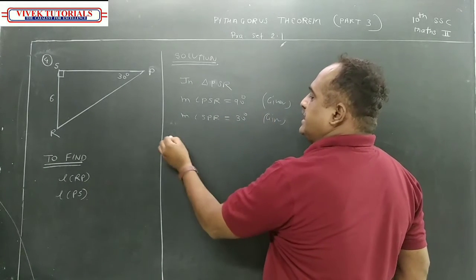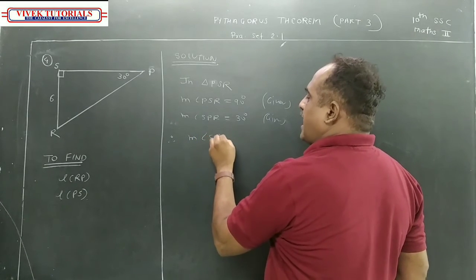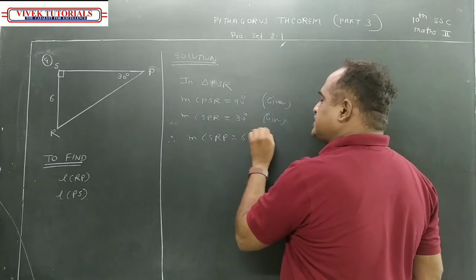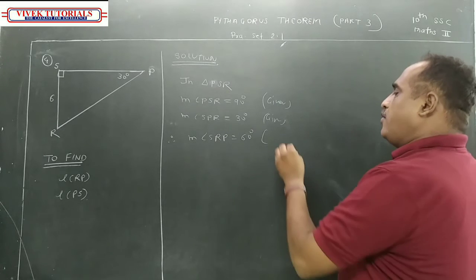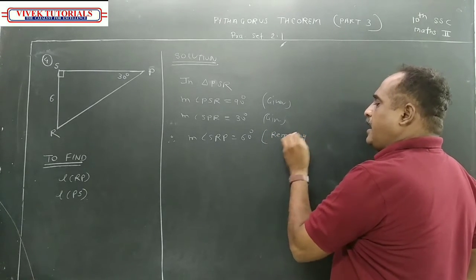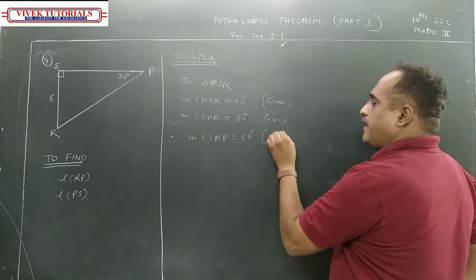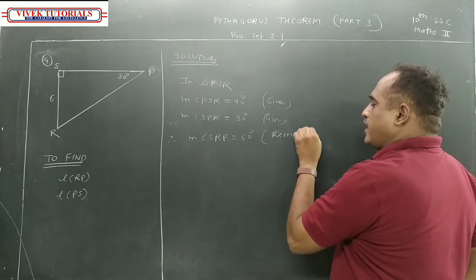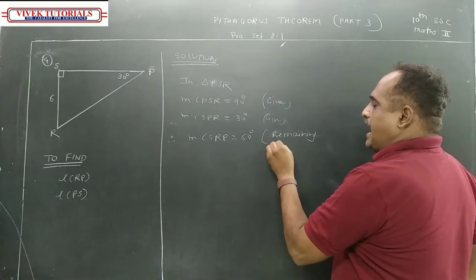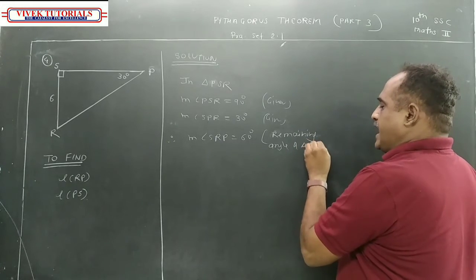It is also given. Therefore, what you can write is measure of angle SRP is equal to 60 degree. And we are going to write the reason: remaining angles of triangle PSR.